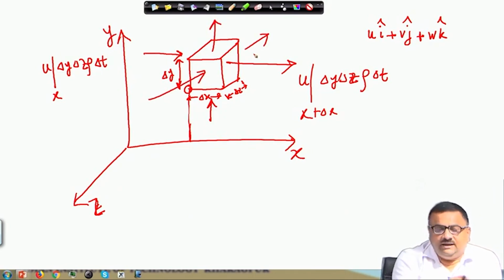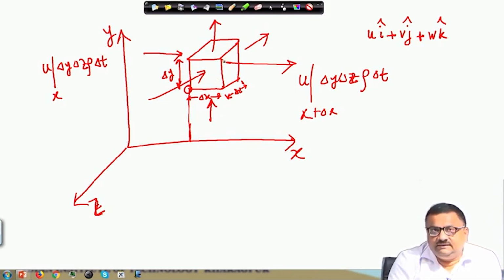Now if you count all of them together, that means in minus out plus in minus out, taking all these three ins and three outs, what is left is the accumulation as far as this differential volume is concerned.